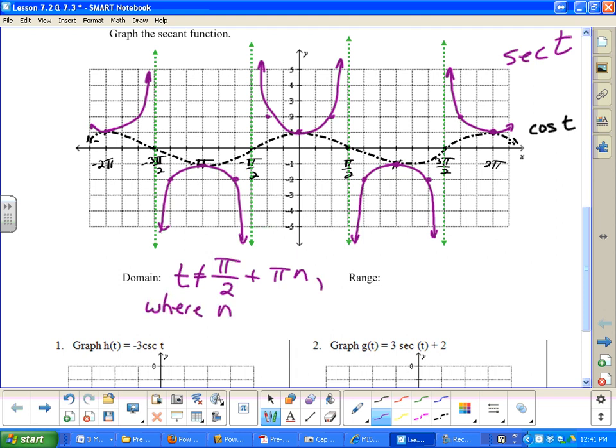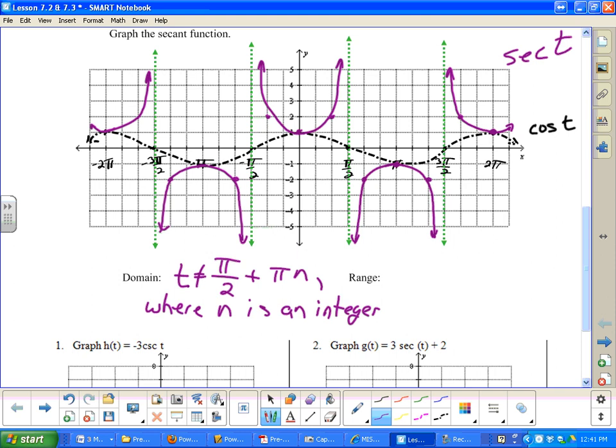Where n is an integer. Yes, you do need that, or you would lose a point.